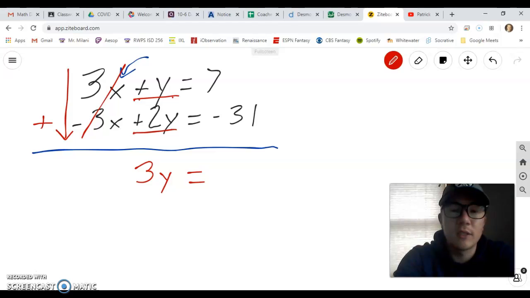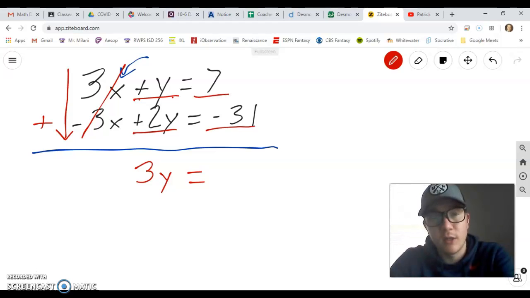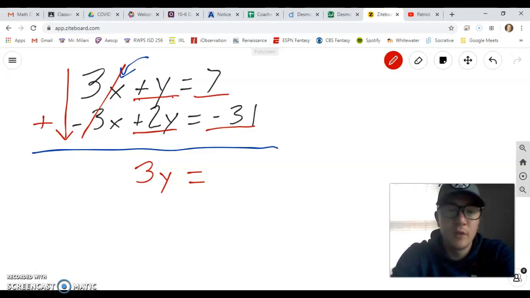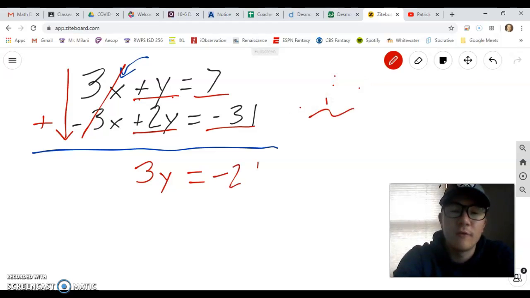And then that's going to be equal to 7 plus a negative 31, which is really just 7 minus 31. If you need a calculator, use it. But be careful, it's going to be a negative 24.